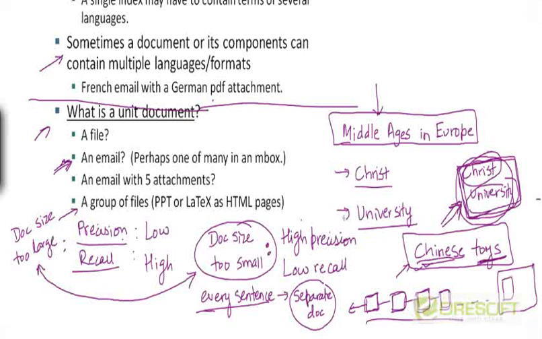But if the document size is too large, you increase the likelihood that you will find all those words in the document, but they will not be close together. The larger the document you choose, the larger the likelihood that those words will be present, and they'll be present in unrelated places. That's all I mean by saying the document size is too large.